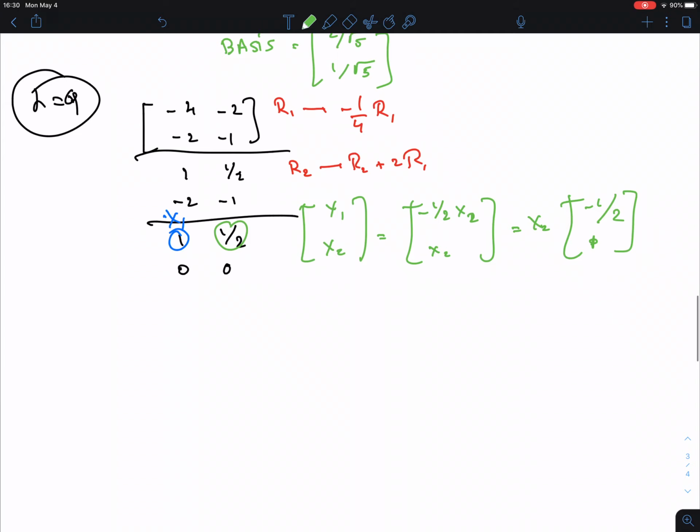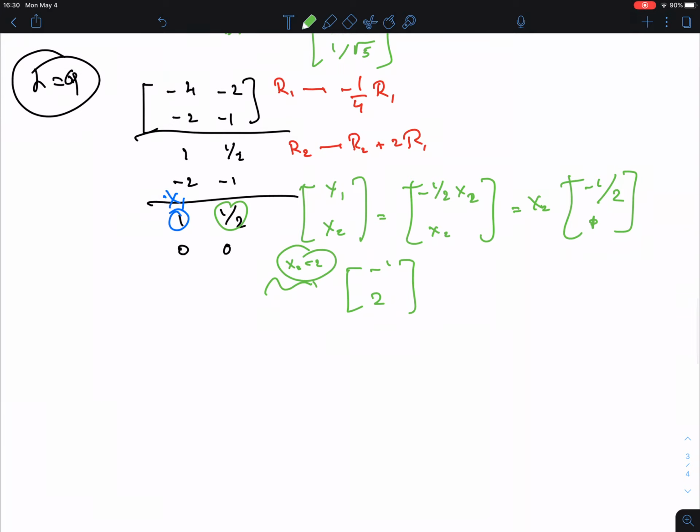I don't like to work with fractions, so let's take as basis x2 equals 2, so I'm taking minus 1, 2. By the way, I could actually take x2 equal to negative 2. If you want to do that, you can. If you do, the unit vector that you get from the normalization is always the same up to a sign. It could be one direction or the other direction, because again, you have that freedom.